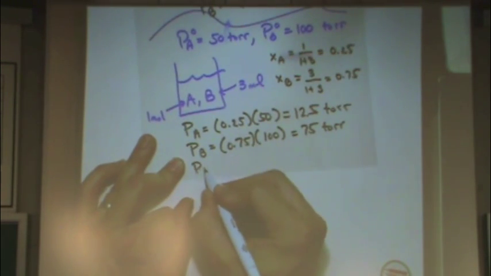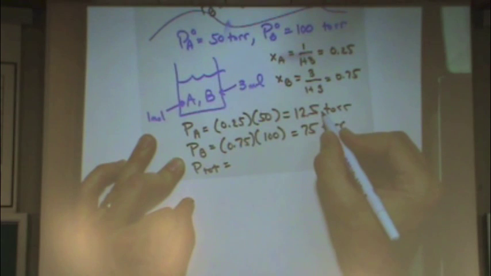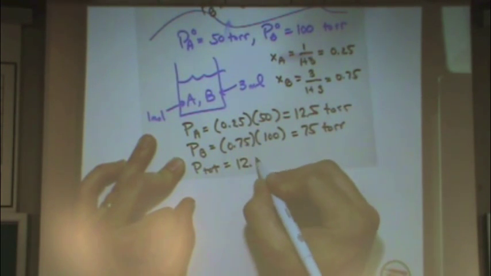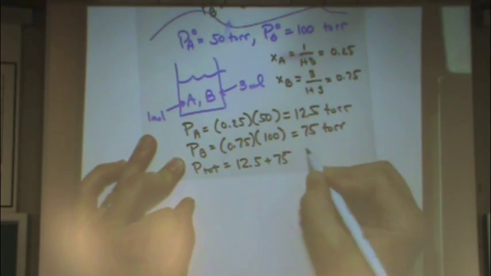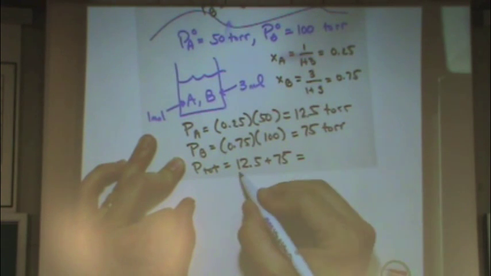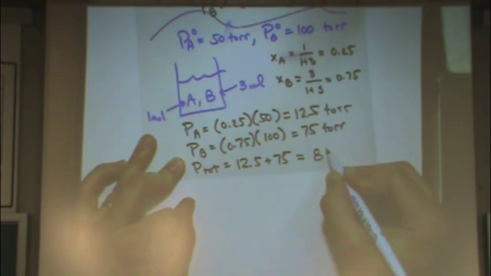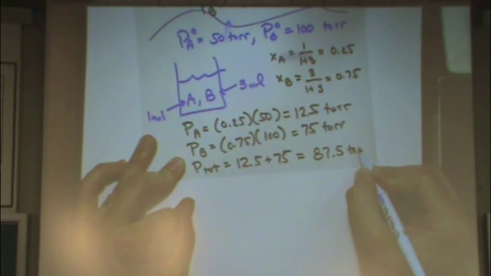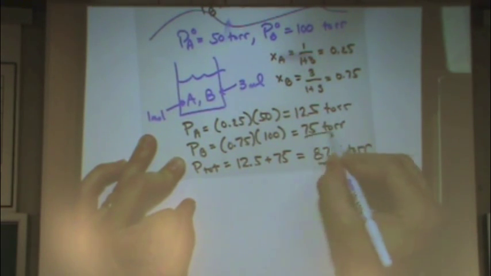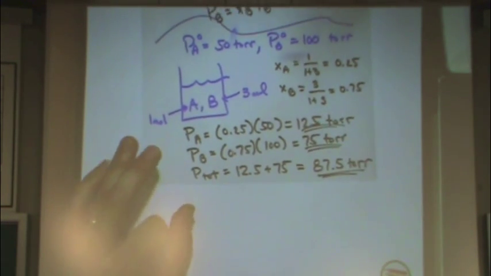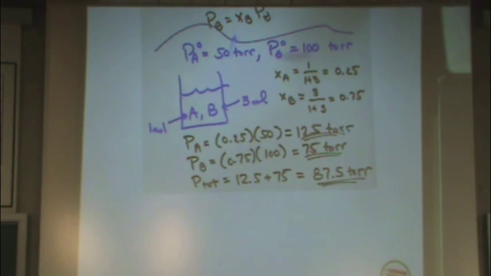Then P total is just PA plus PB: 12.5 plus 75, which is 87.5 torr. There we go. Any questions about this? Just make sure you know how to use the formula.